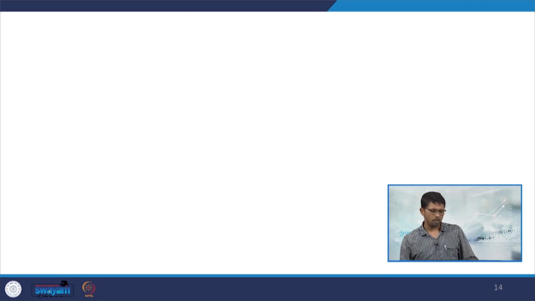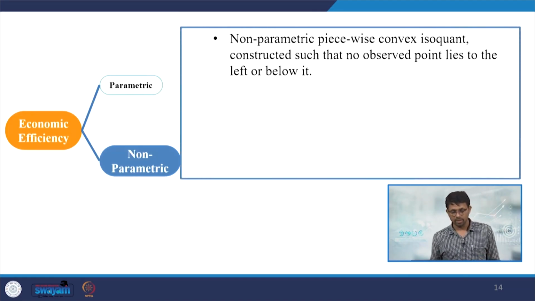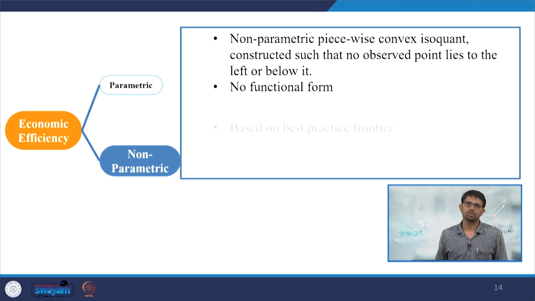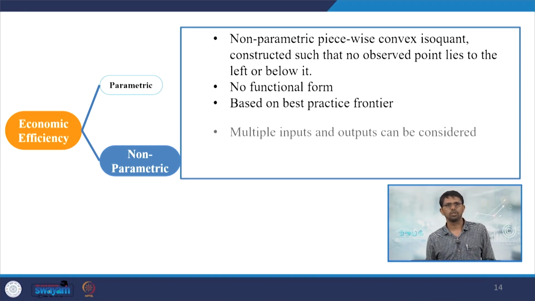In the case of non-parametric, as we already know, it does not have parameters. A non-parametric piecewise convex isoquant is constructed such that no observed point lies to the left or below it, and hence there is no functional form, and this is based on a best practice frontier.